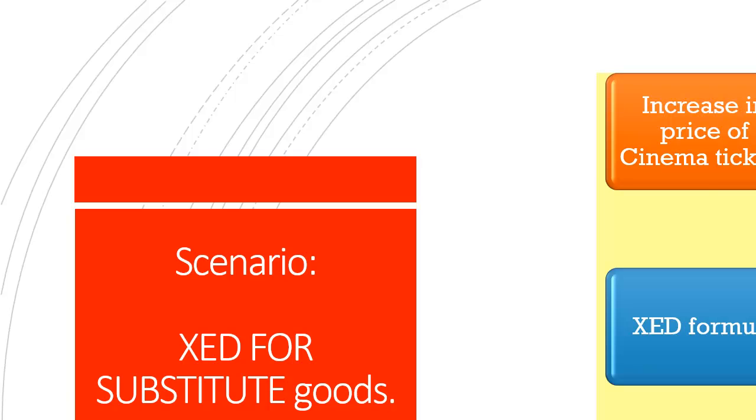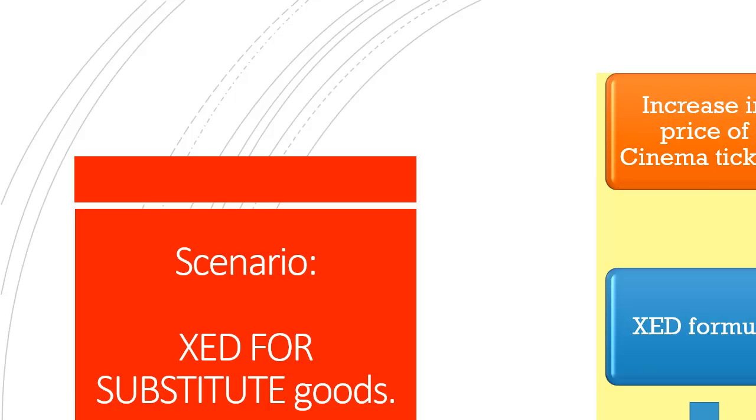This leads to an increase in the demand for Netflix, so increase and increase, which means that we have positive and positive change. Again, considering the XED formula, positive over positive is also positive.